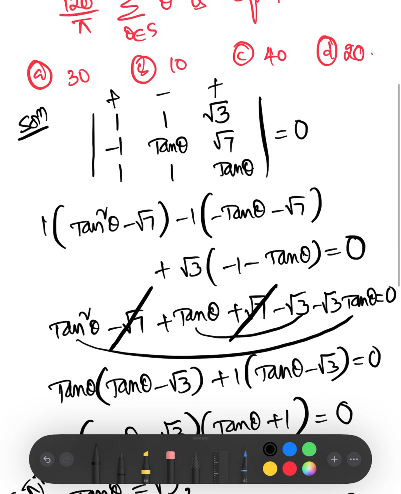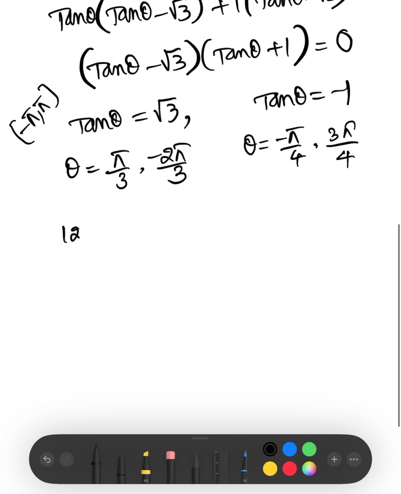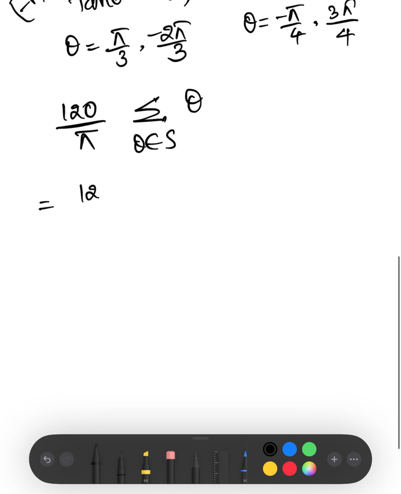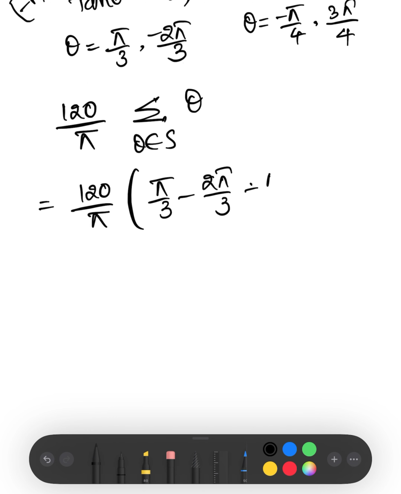We want 120 by pi times the summation of all theta values: pi by 3 minus 2 pi by 3 minus pi by 4 plus 3 pi by 4.